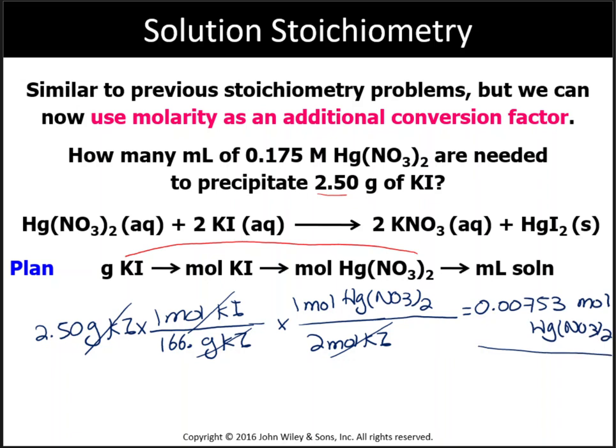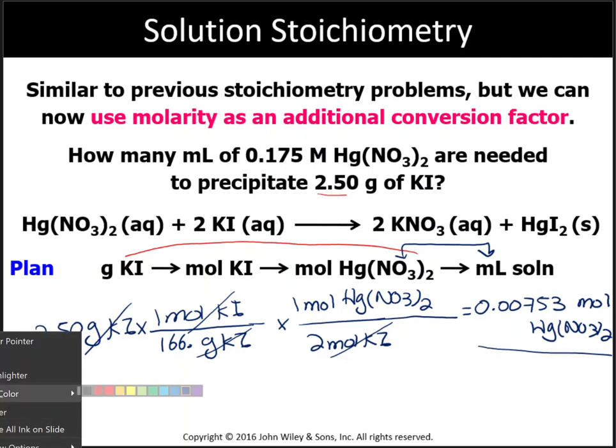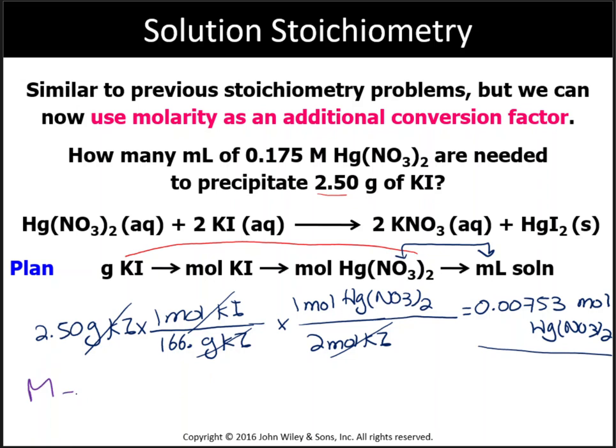Now, the moles of mercury 2 nitrate is given to us, and somehow from moles we have to find the volume of mercury 2 nitrate because it's a solution. Whenever you're dealing with solutions, remember the molarity equation. Remember that molarity is number of moles per liter of solution.